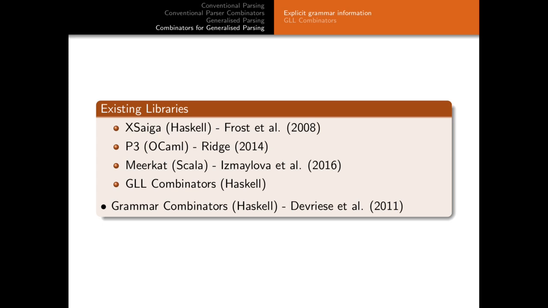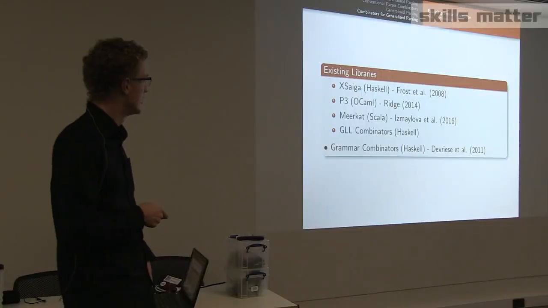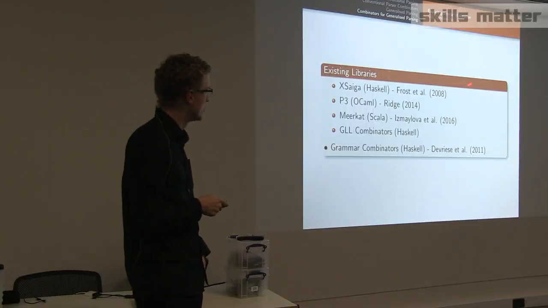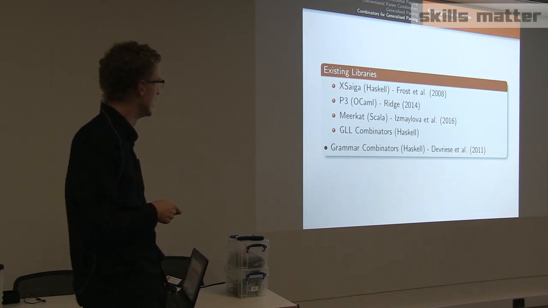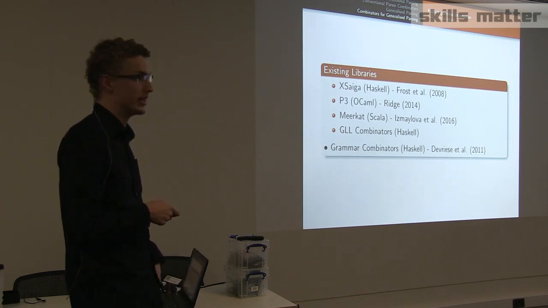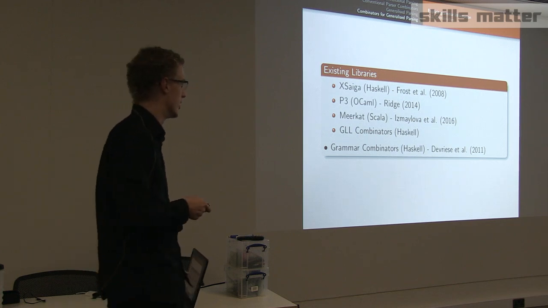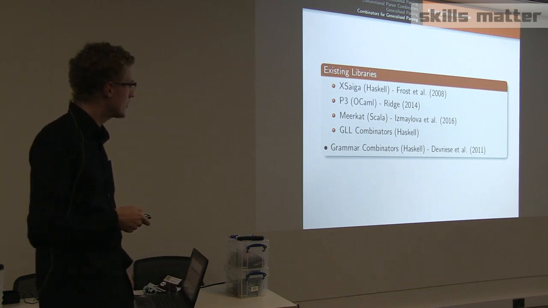And then there are some recent ones in OCaml, P3 and Meerkat parsers, so these dates correspond to papers that have been published which describe these libraries. And then there's the GLL combinators that I want to talk about that I've been developing over the last years.